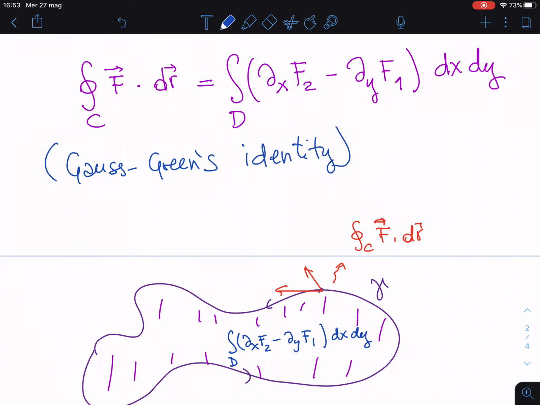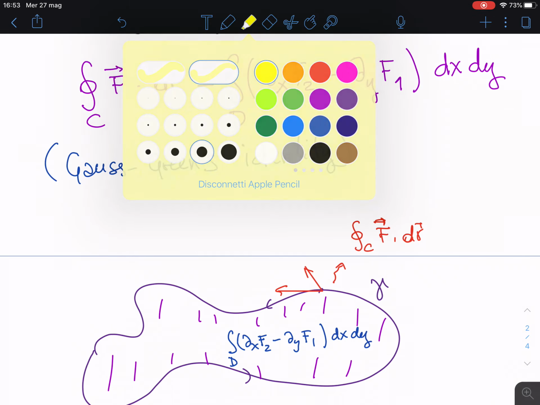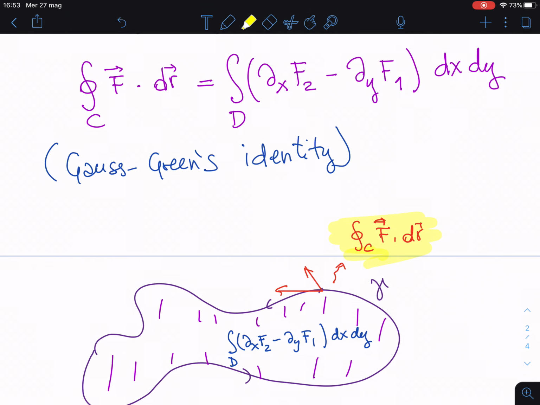These two guys are the same, even though apparently they are very far away from one another.